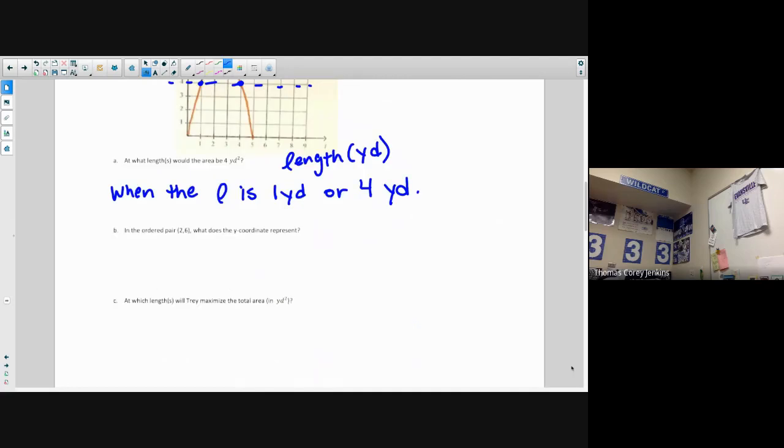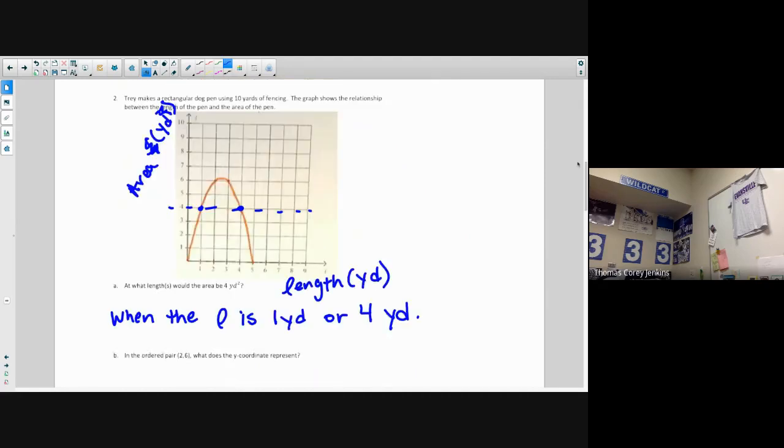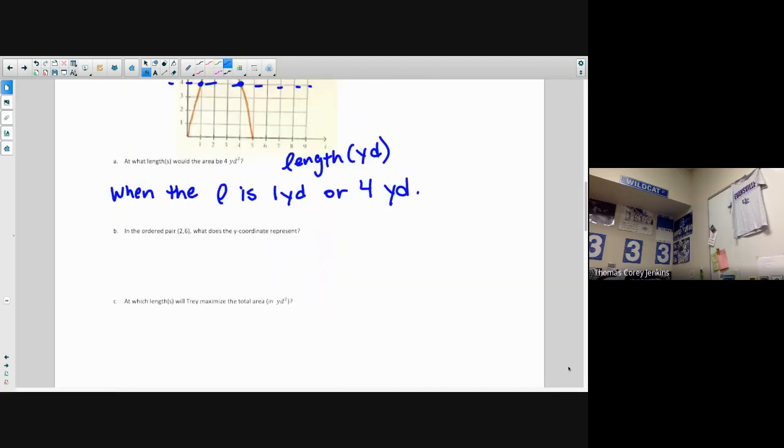In the ordered pair (2, 6), what does the y coordinate represent? So it really doesn't matter that it's (2, 6). The y coordinate always represents the area. We'll just be specific here.